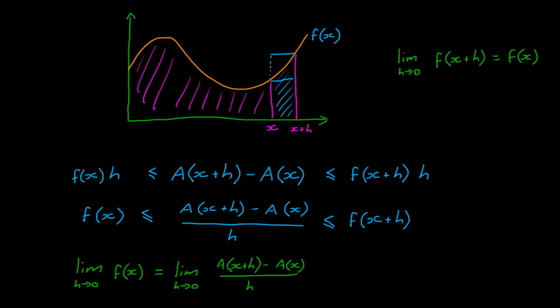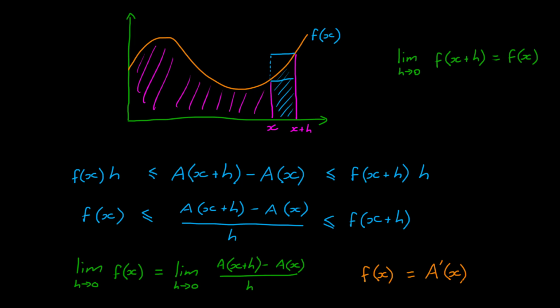And we'll notice, of course, that that is exactly our definition of the derivative of A of x. Therefore, f of x in this case, as the limit as h approaches 0 doesn't affect f of x at all, is equal to A dash x.